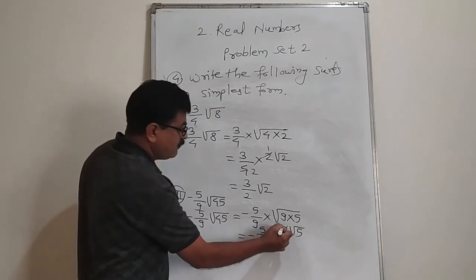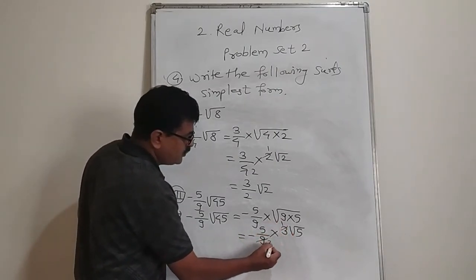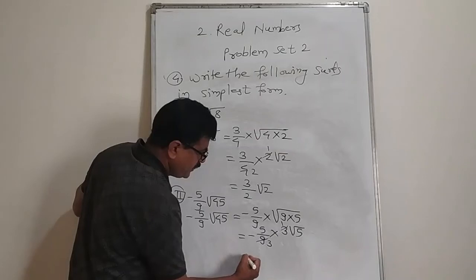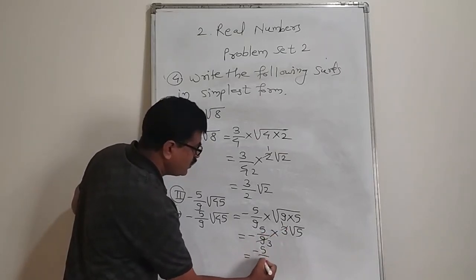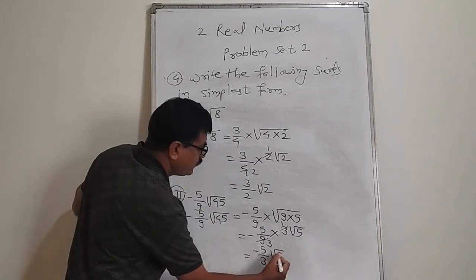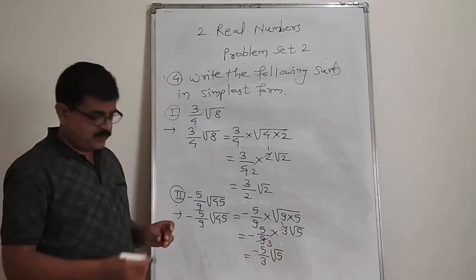Here dividing by 3, therefore is equal to minus 5 upon 3 square root 5. This is the answer.